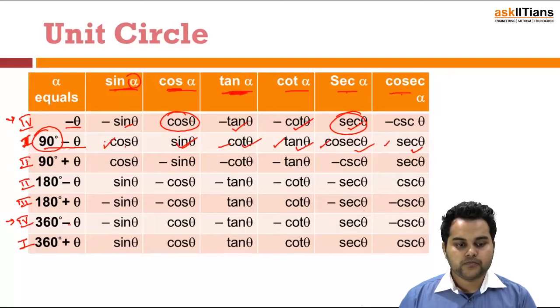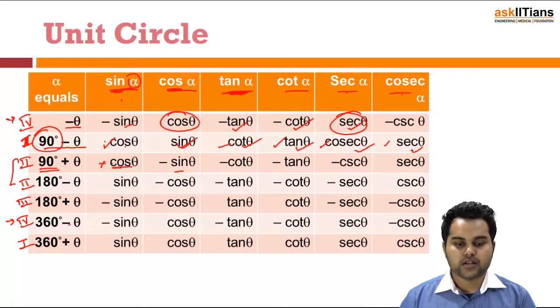So far so good. Then in the second quadrant, with an odd multiple of pi by 2, the trigonometric ratios are changed: sine is changed to cos, cos to sine, and in the second quadrant only sine is positive. So sine of 90 plus theta would be cos.